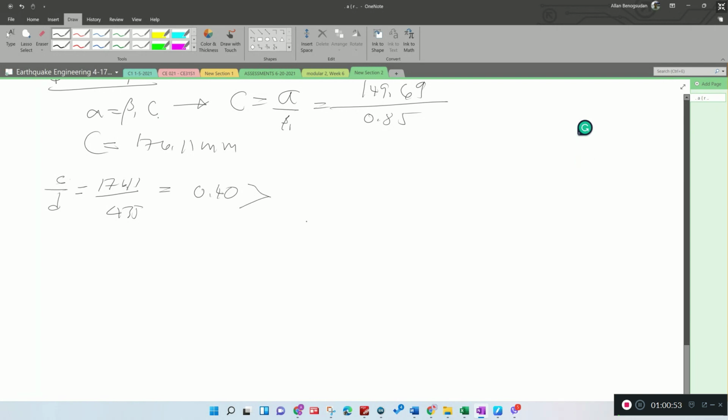We check this one, it's 0.375, and that is greater than 0.005. So please check this one with something like that.